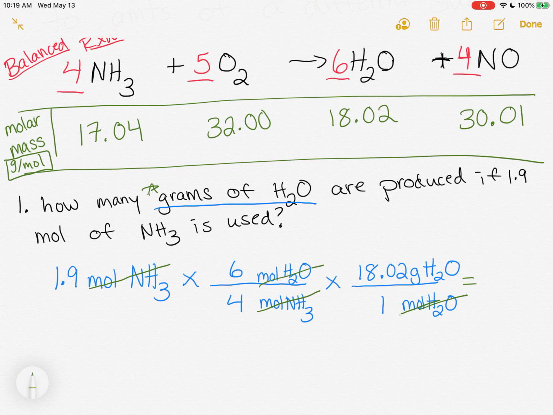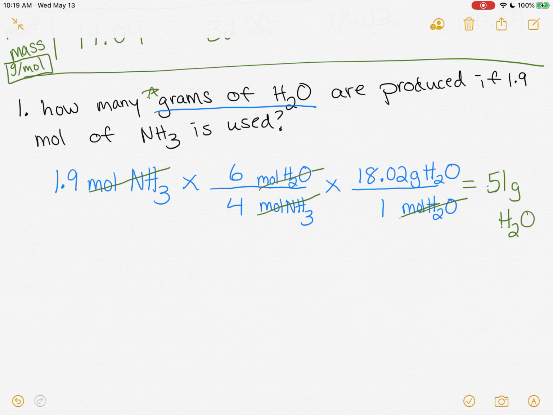And that's going to leave us with grams of H2O. And so when we do that, we do our 1.9, we times it by 6, divide it by 4, and then multiply by 18.02. So we're getting 51 grams of H2O.